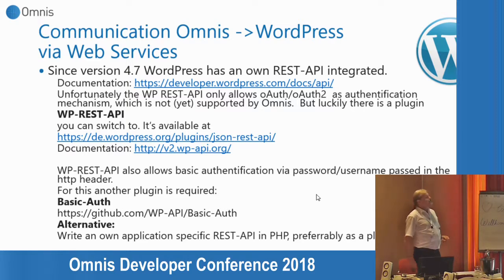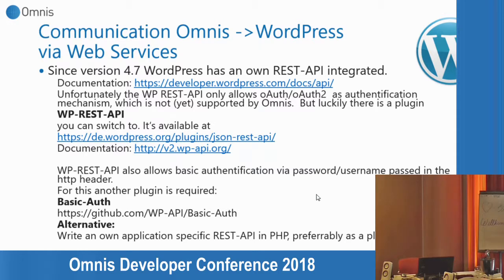But on the other hand, I have good news again. There is a plugin which is called WP REST API, which is created by the same guys as the genuine WordPress API now, but it's still available. You can install it.